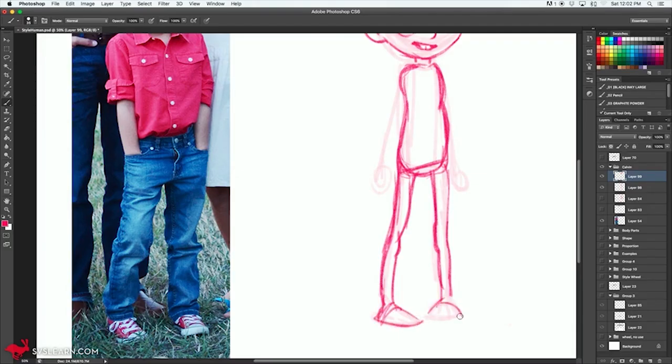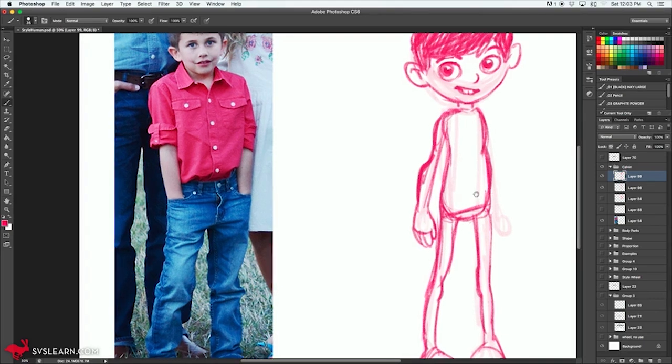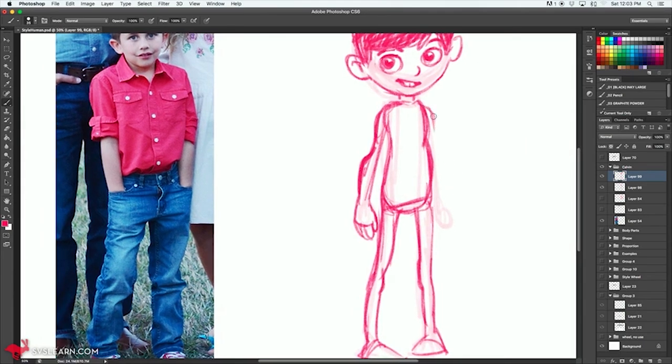Then feet, sort of pigeon-toed. Let's figure out these arms here. You can see I added a little bit of this line right here coming out, just to give the arms some dimension too. And then these hands are gonna be like that. Really soft, pudgy fingers.